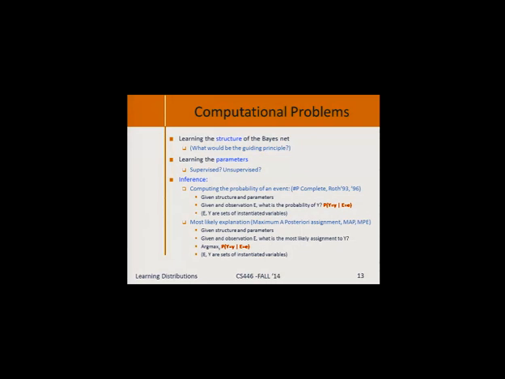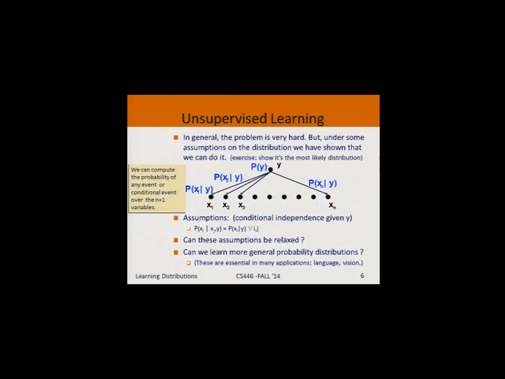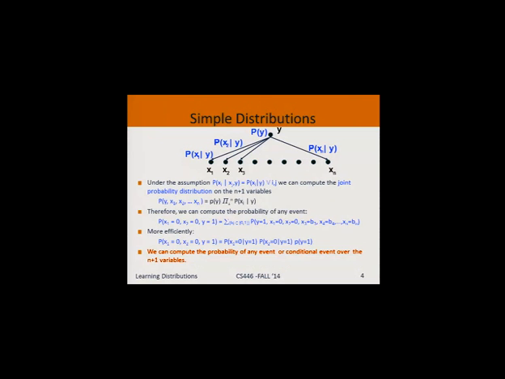You can remember when I represented it at the beginning as a marginalization problem. Let's just go back to this. We wanted to compute the probability of an event. The generic way of doing it was marginalizing over all the other variables. This is a hard computation.